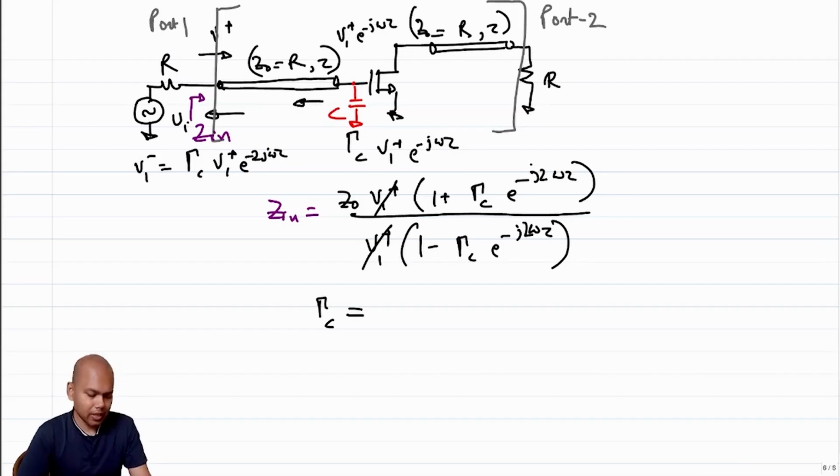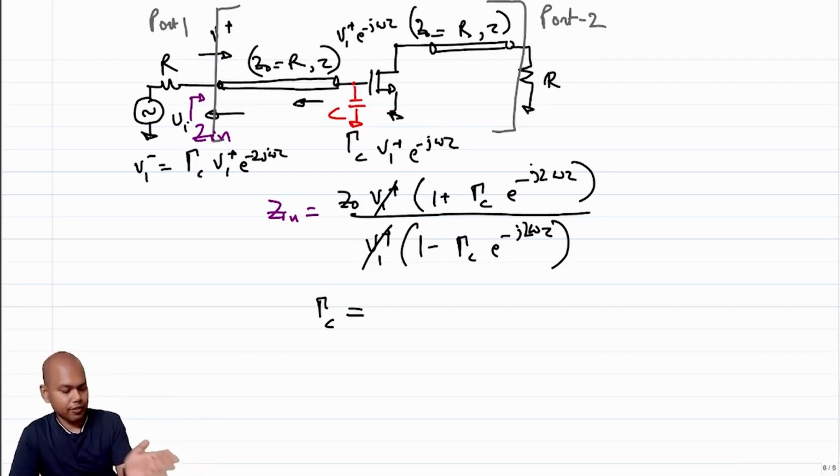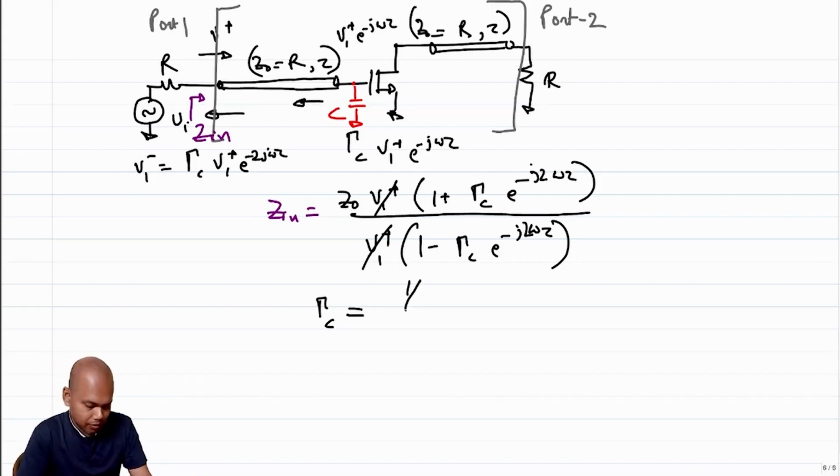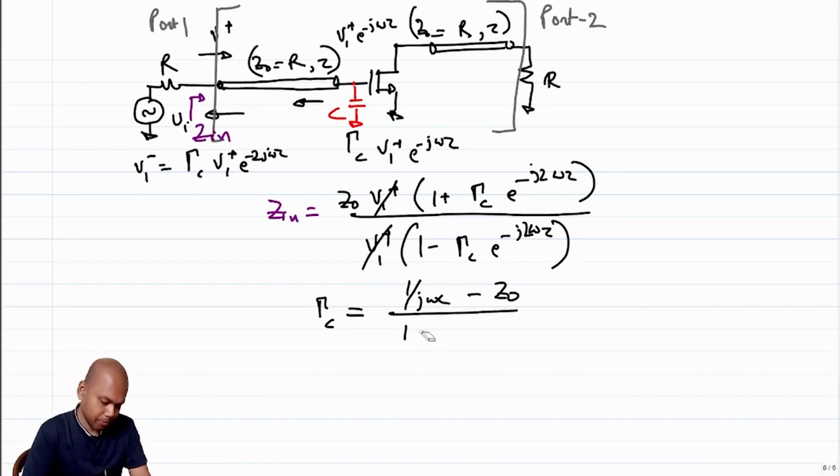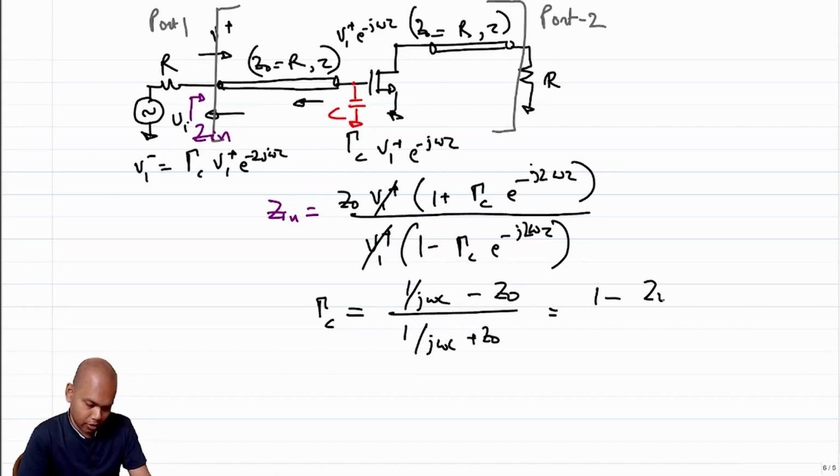Gamma c is basically the reflection coefficient at the capacitor interface, which is (1/jωC − Z0) / (1/jωC + Z0), which is (1 − jZ0ωC) / (1 + jZ0ωC), where Z0 is a real impedance. That's the assumption.